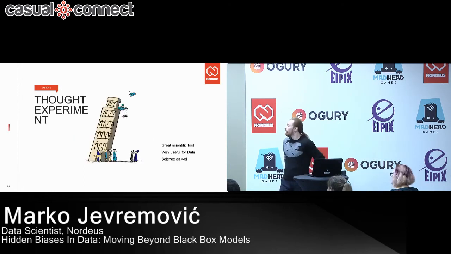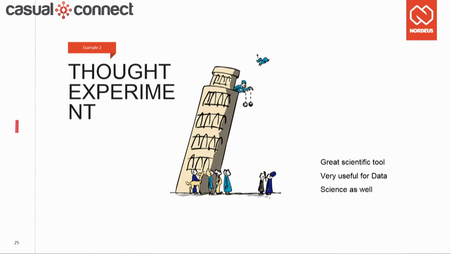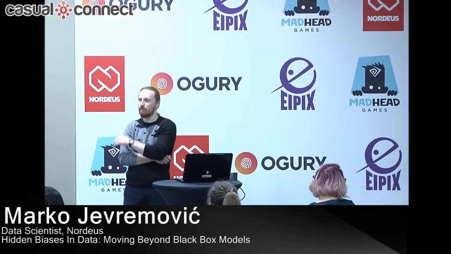But I actually used a very, very old tool from science, and I thought, okay, let's imagine that we have this silent labeling system in our game, and people actually can't pay. They're just marked somewhere as payers.